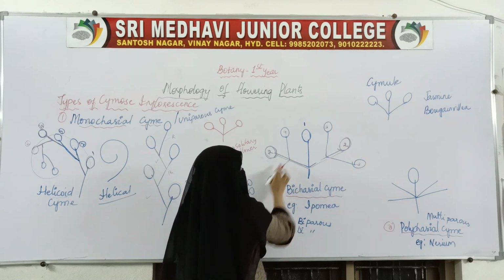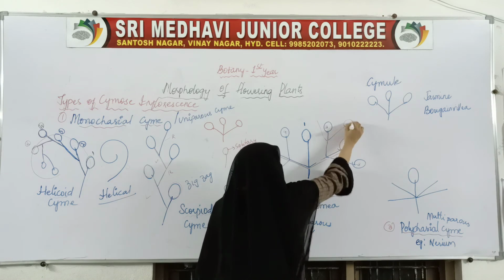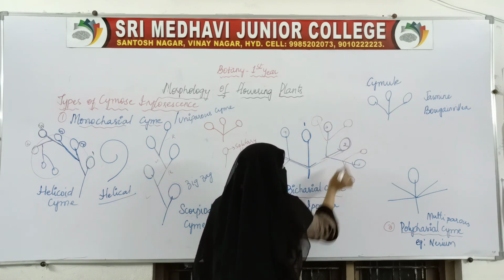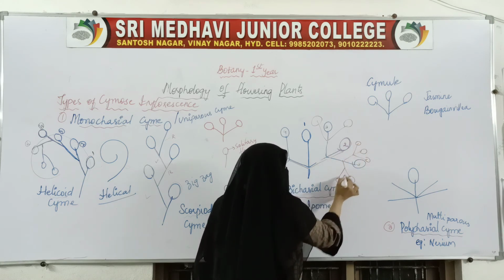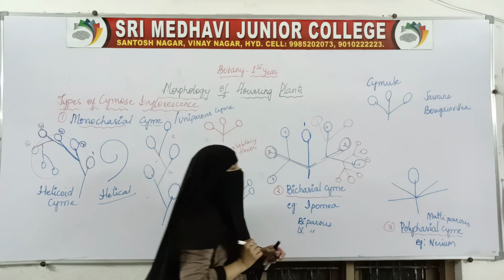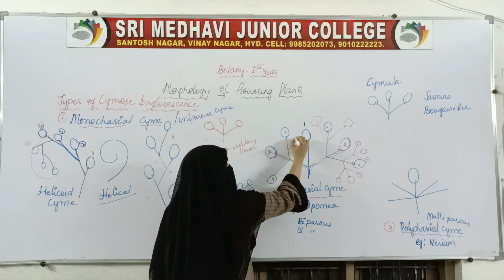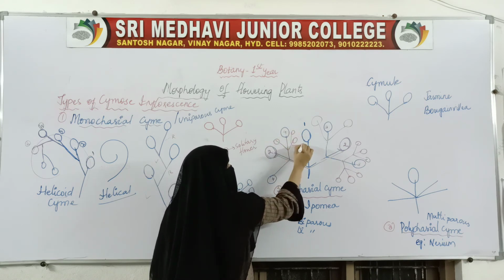This main axis gives two branches, each of these gives two branches, and if I see this branch, it will again give two branches which will terminate into flowers.